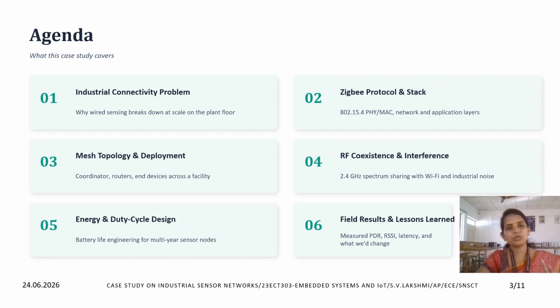Before that, the agenda for today's case study is the industrial connectivity problem, which we have discussed now. Then the Zigbee protocol and stack architecture, the mesh topology and the deployment, how RF coexistence and interference affect the system, and also the field results and the summary.